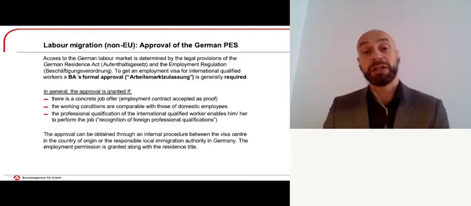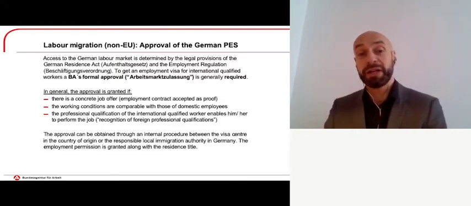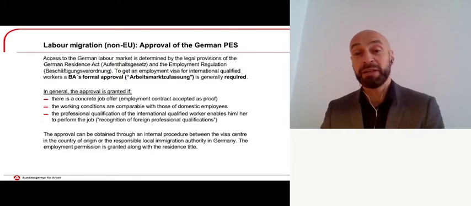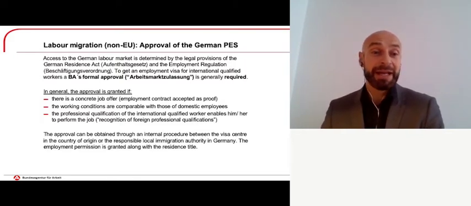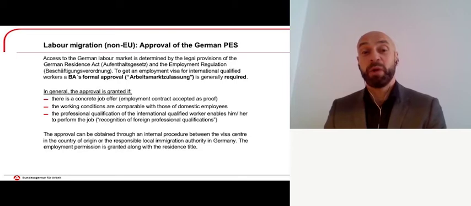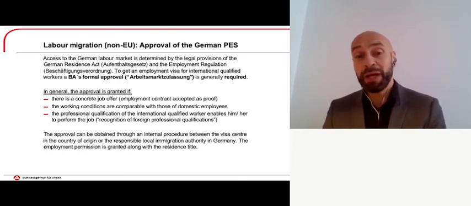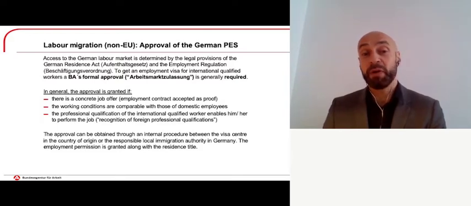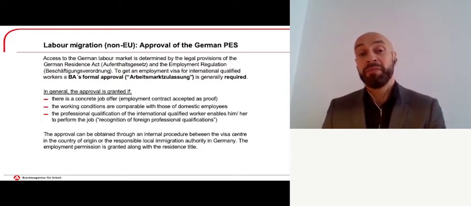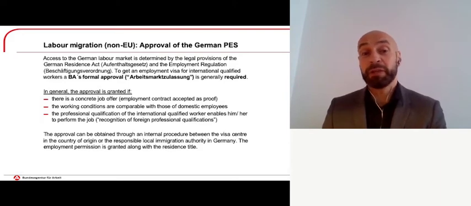This is a new regulation that was introduced also for non-academic professions in March this year with the new Skilled Immigration Act. But in general, we always need a concrete job offer by a German employer. As the German Employment Service, we always check the job offers and compare whether the working conditions offered for migrant workers are comparable to those of domestic employees in the same profession.